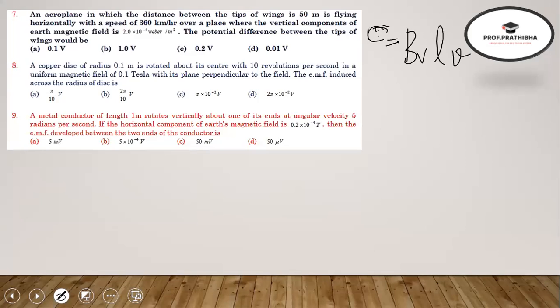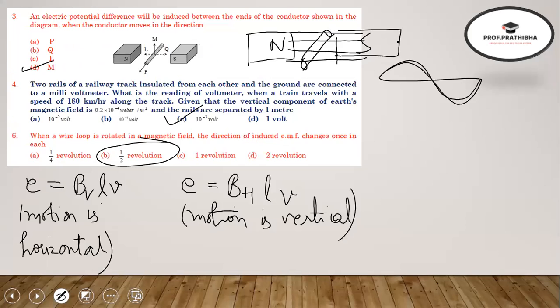How can you use BH? What did I just say? Pay attention here. If the motion is horizontal we use BVLV, if it is vertical we use BHLV.